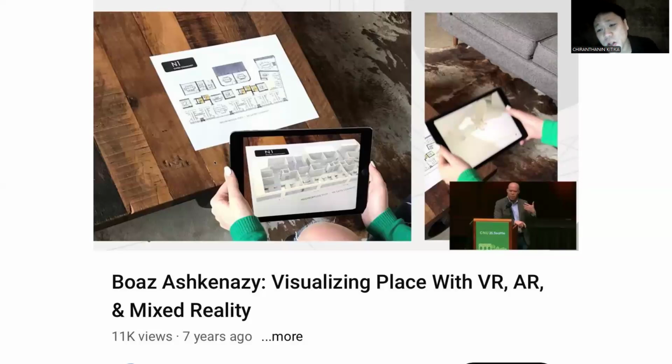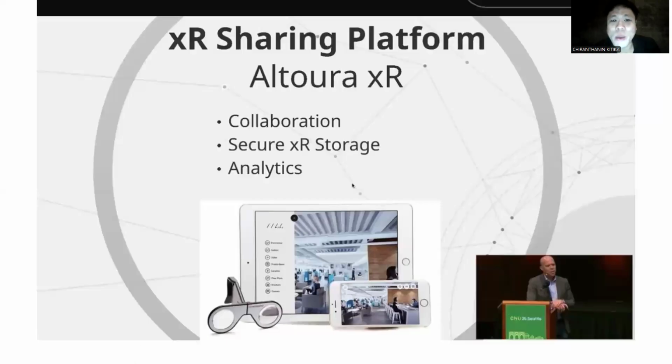But to visualize places in mixed reality, we have to understand that XR is about collaboration. It's about secure XR storage and analytics. Not just seeing things, but also the data is the key. The data is the source that you store. And once the data from two things is merging with each other, it's about collaboration.